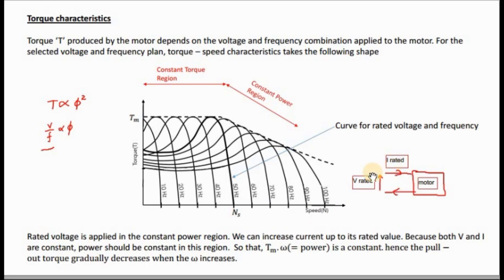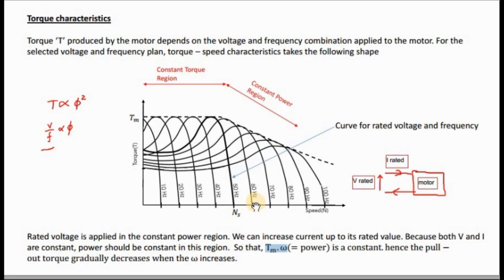Then V into I should also be constant, which is power being constant. That is why this part is called the constant power region. And if you take maximum torque into omega, that is also power. So maximum torque into omega is also a constant.